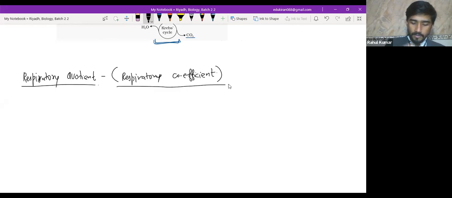Write down: respiratory quotient is defined as the ratio of moles or volume. You can use both. You know moles by now. In chemistry, you must have read about moles, molality, normality, formality. Have you studied all this or not?